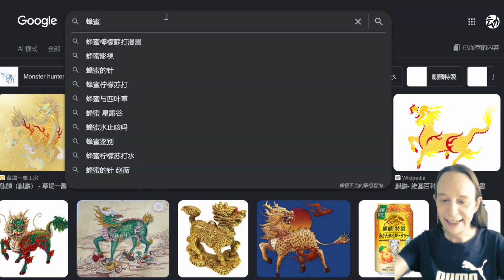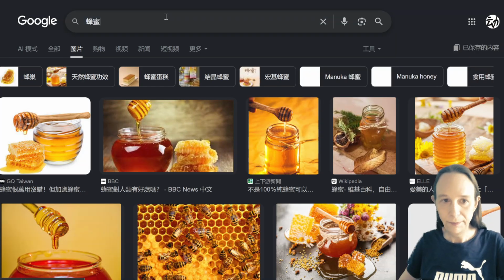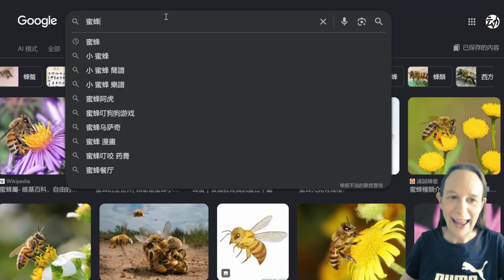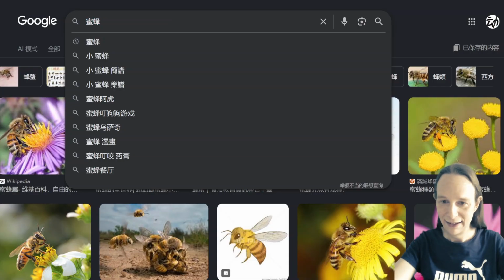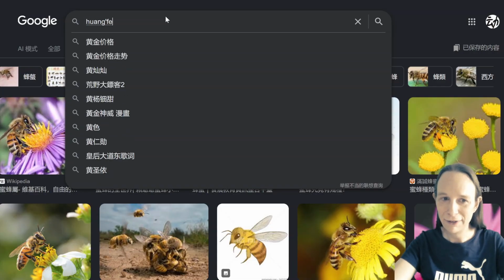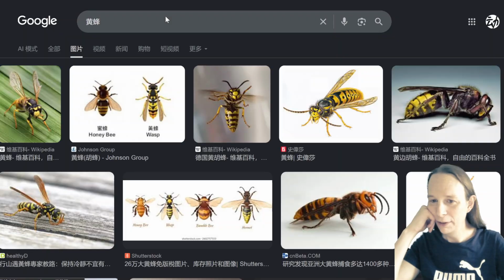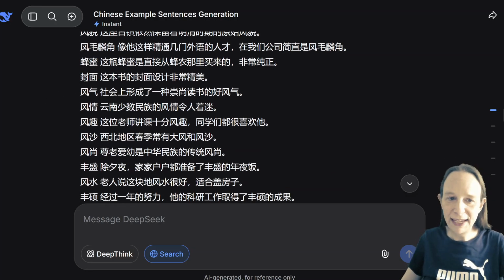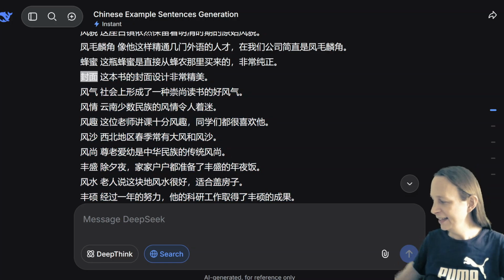So 蜂蜜 is honey. 蜜蜂 is a bee, and what else do we need to know? 黄蜂 wasp. Yeah, you've probably already done these. Let's move on.